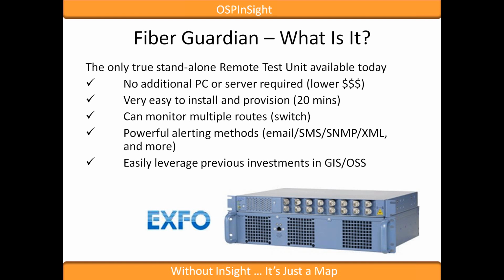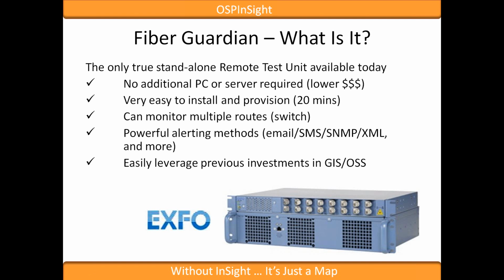No additional PC or server is required. Very easy to install and provision. Can monitor multiple routes, powerful alerting methods, and easily leverage previous investments in GIS and OSS. This last part is really where I want to focus today, but suffice it to say that the Fiber Guardian unit, you can get into a unit like this for under $30,000 US.